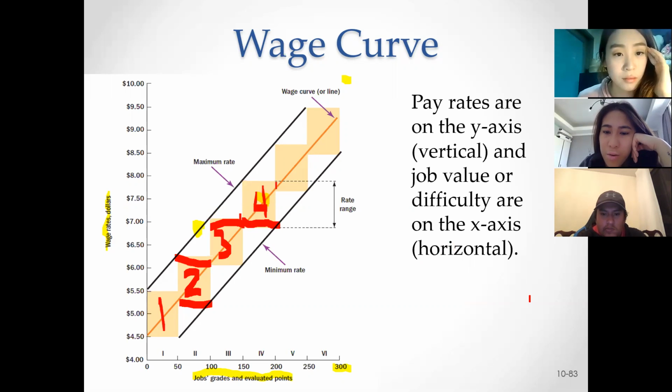Because if Anais leaves our company and goes to another company, and these wage curves are used in almost all companies, if she goes to Disney English, she can tell them, I was in pay grade 4, where Christine could only say, I was in pay grade 3, even though they were earning the same money.